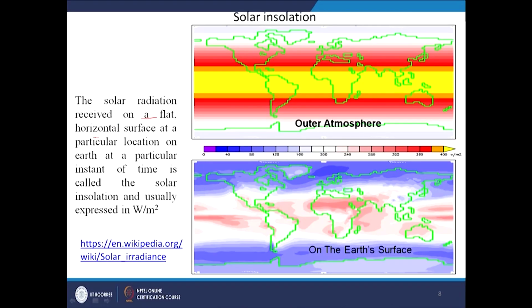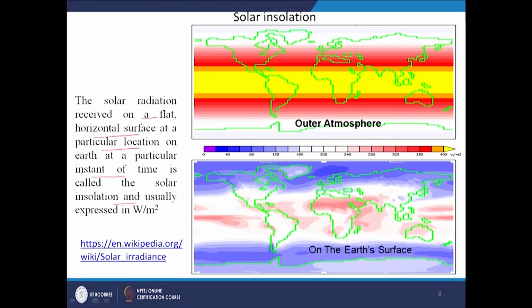The solar radiation received on a flat horizontal surface at a particular location on earth at a particular instant of time is called the solar insolation, usually expressed in watt per meter square. The solar constant was also watt per meter square, and insolation is also watt per meter square.